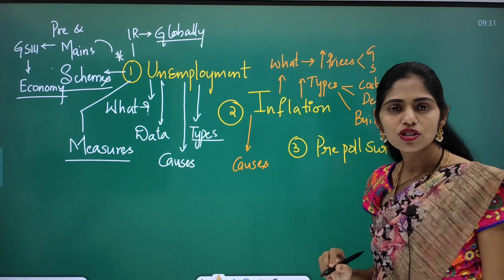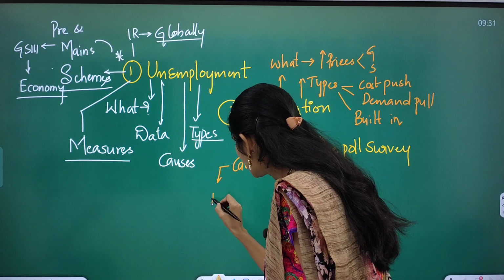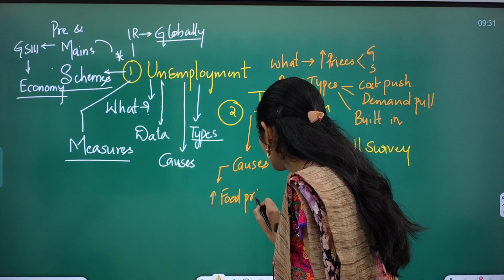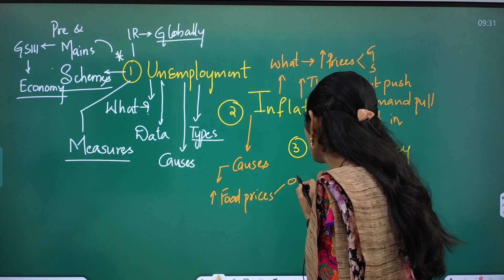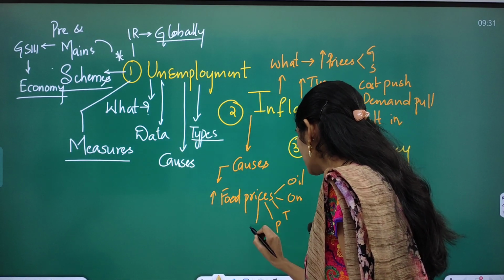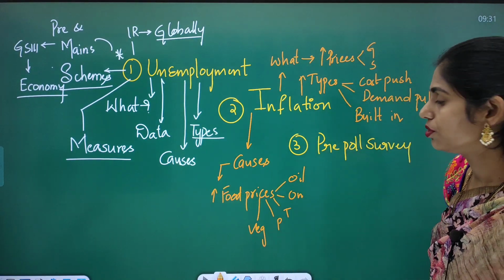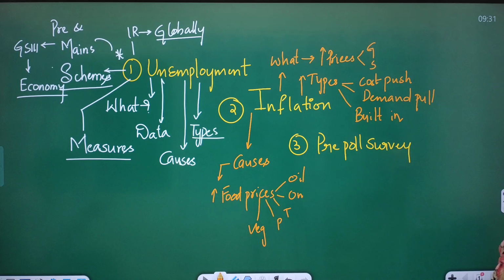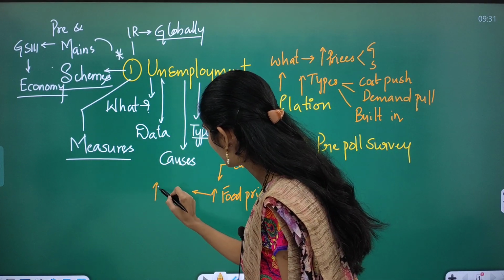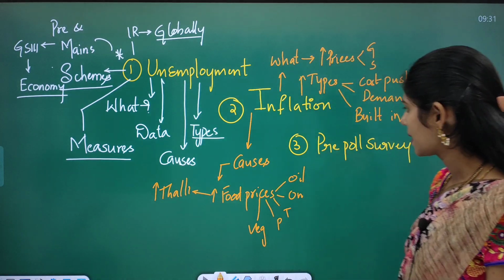One important cause of inflation in India now is the increase in food prices, especially oil, onion, tomato, potato and vegetable prices. These are contributing to the increase in prices of goods in the market. Because of this food price inflation, the price of the thali is also increasing. Thali means the cost of a plate of food.